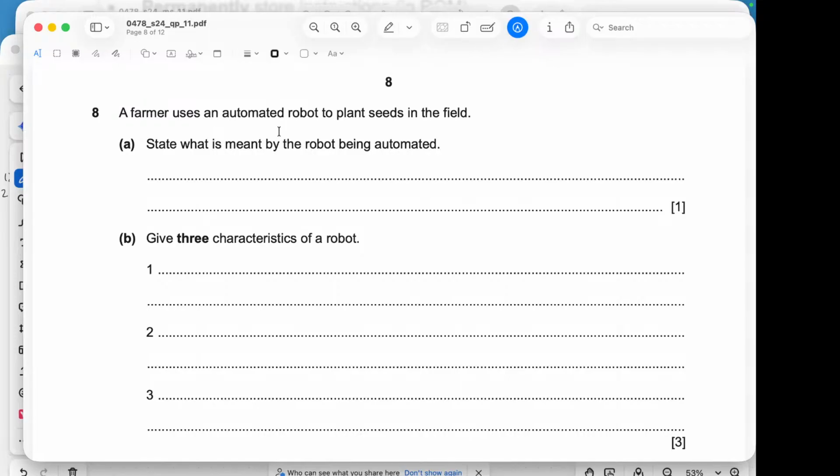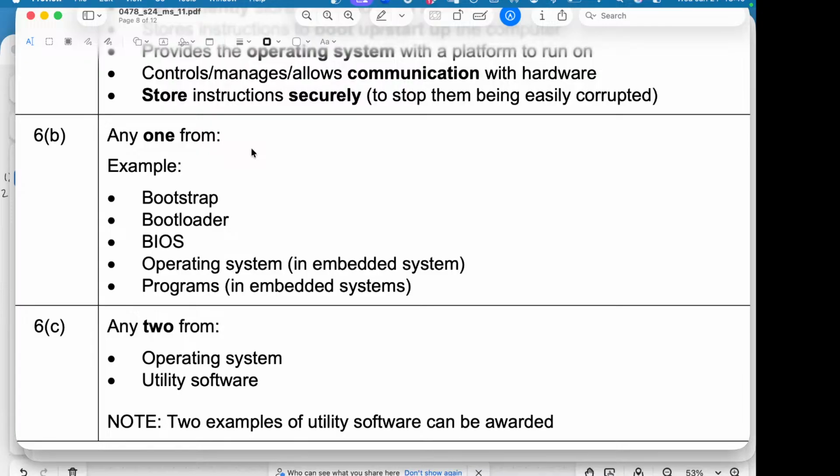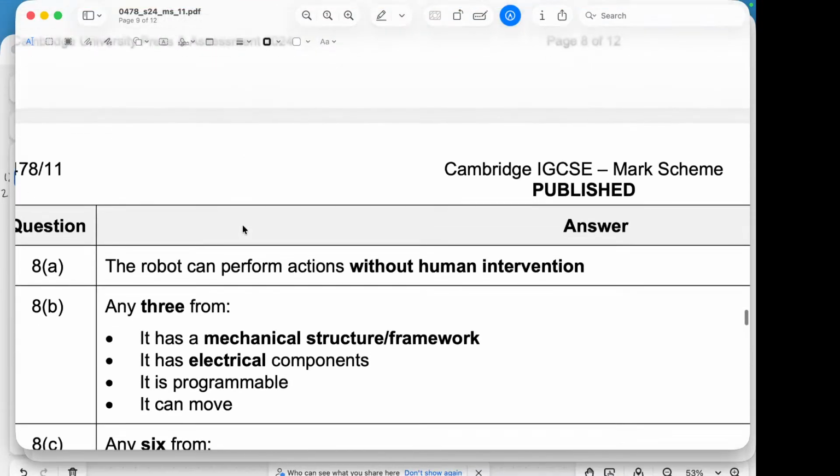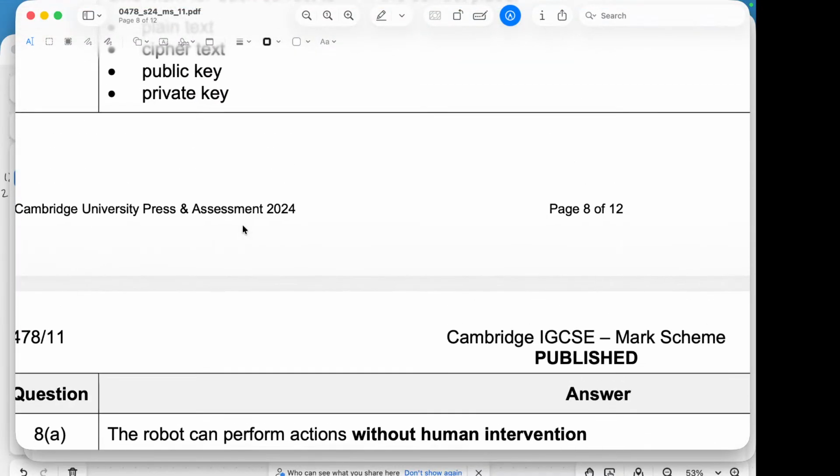Yeah, good. So it operates without human interference, or in the mark scheme they've actually got without human intervention, but interference is fine. You still get a mark for that. Good.